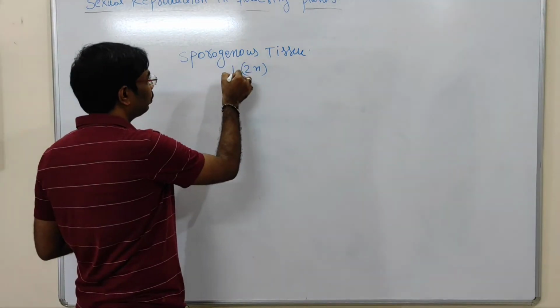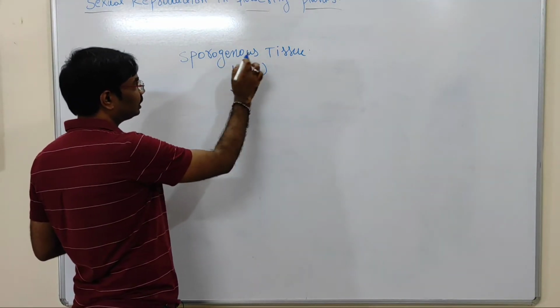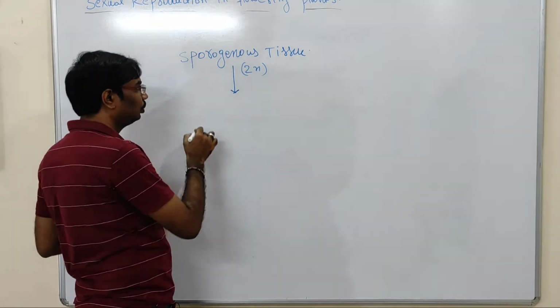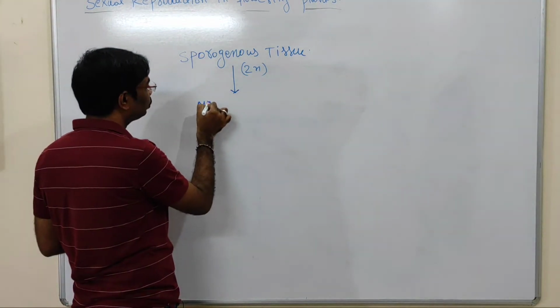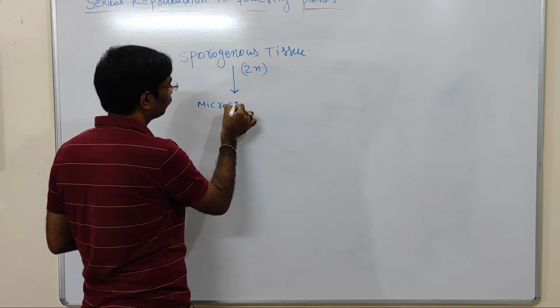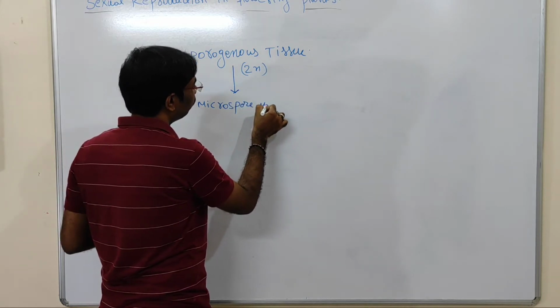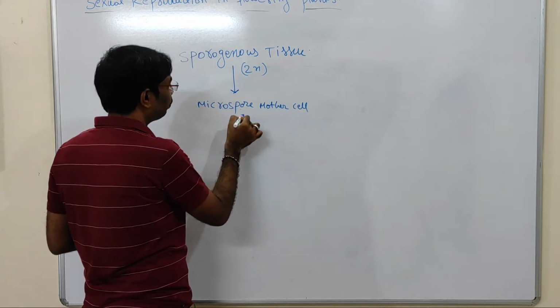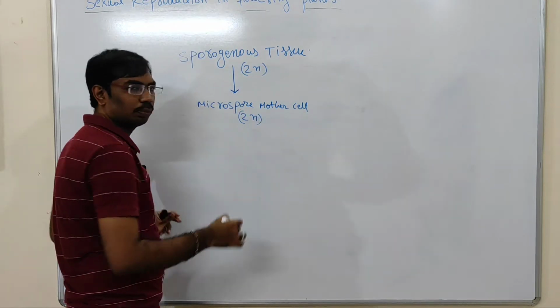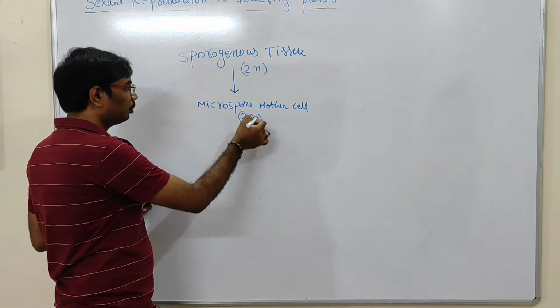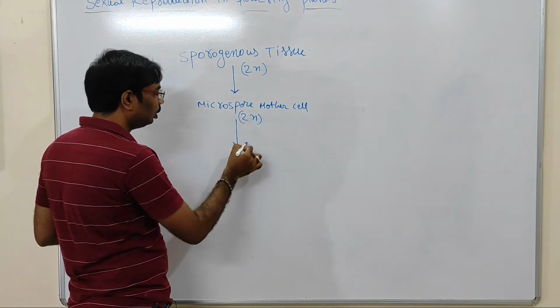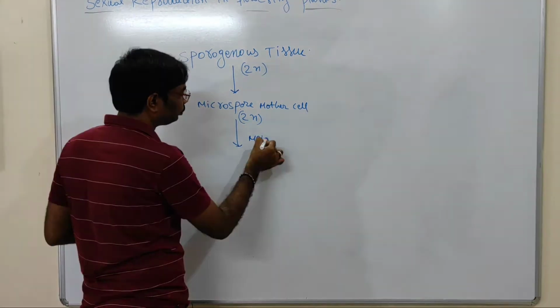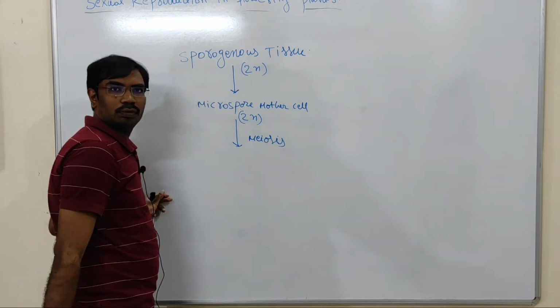Some of the cells present in the sporogenous tissue are modified into the microspore mother cell. What is the ploidy of the microspore mother cell? Diploid. The microspore mother cell undergoes meiosis.